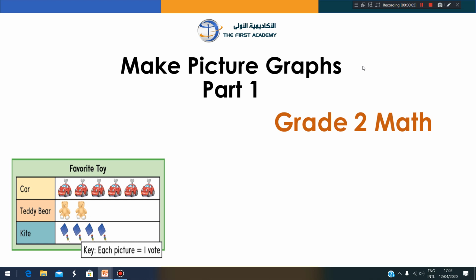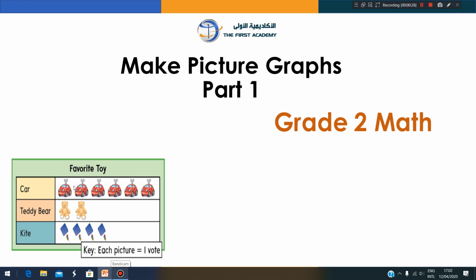We are doing a new topic which is make picture graphs. We are going to start with part 1 today and we will continue tomorrow. So we are going to talk about making picture graphs. This picture right here in the corner is a picture graph.